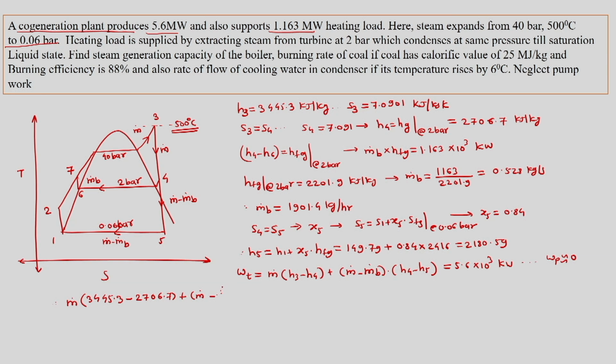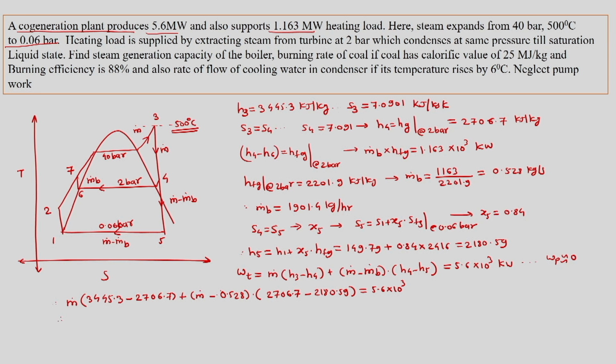We have found out m dot b as 0.528 into H4, 2706.7 minus H5, 2180.59 is equal to 5.6 into 10 to the power 3.